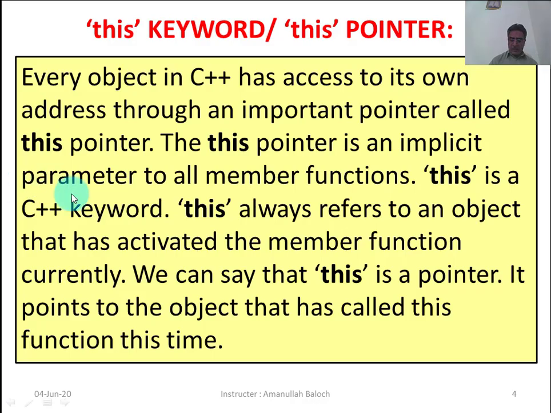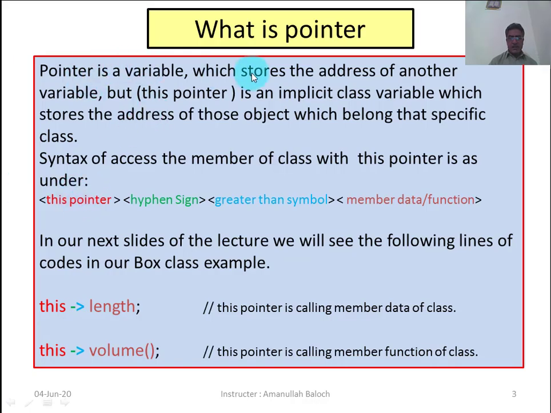Here again, a pointer is a variable which stores the address of another variable, but the this pointer is an implicit class variable. Implicit class variable means a hidden class variable which stores the address of those objects which belong to that specific class.